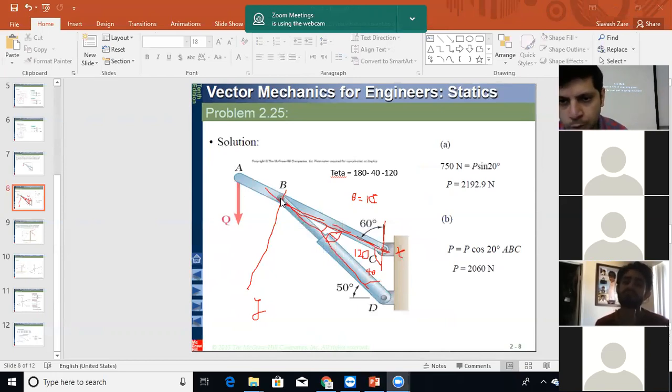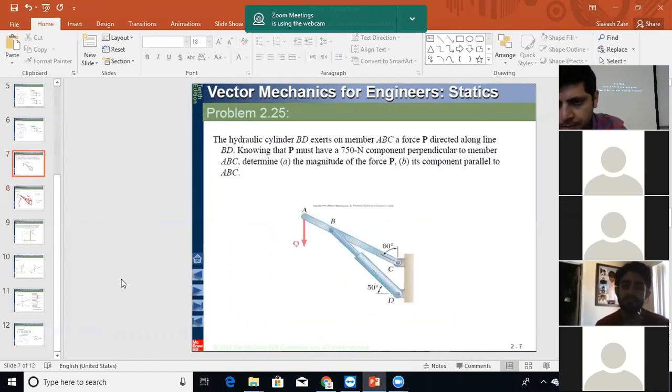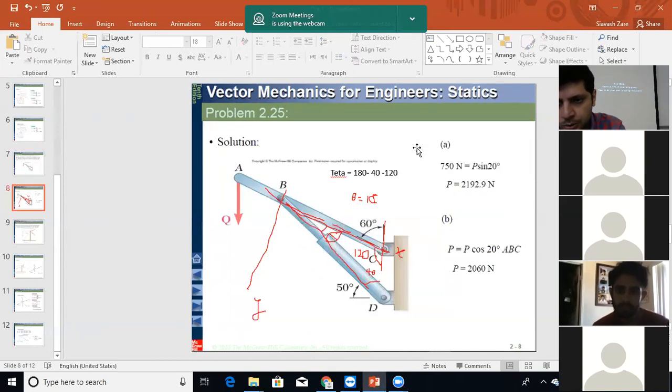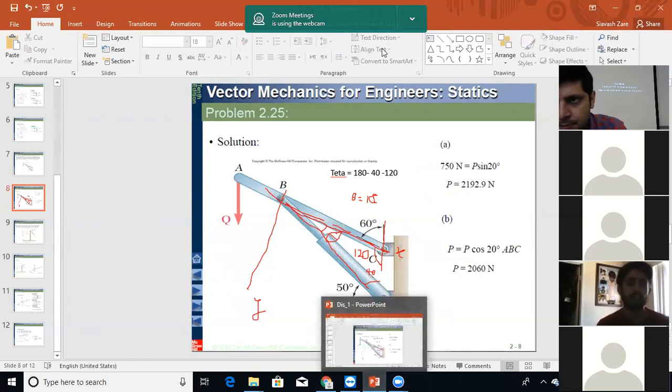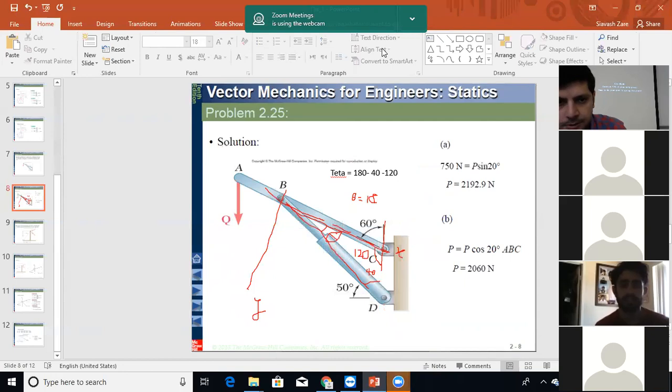Otherwise, there would be no force in the system. But it doesn't matter what the magnitude of Q is, because you know the components. This is 750, and P actually is the force. If you see the first line, it is the force that BD exerts on member ABC, and it does not have anything to do with Q. Any more questions?